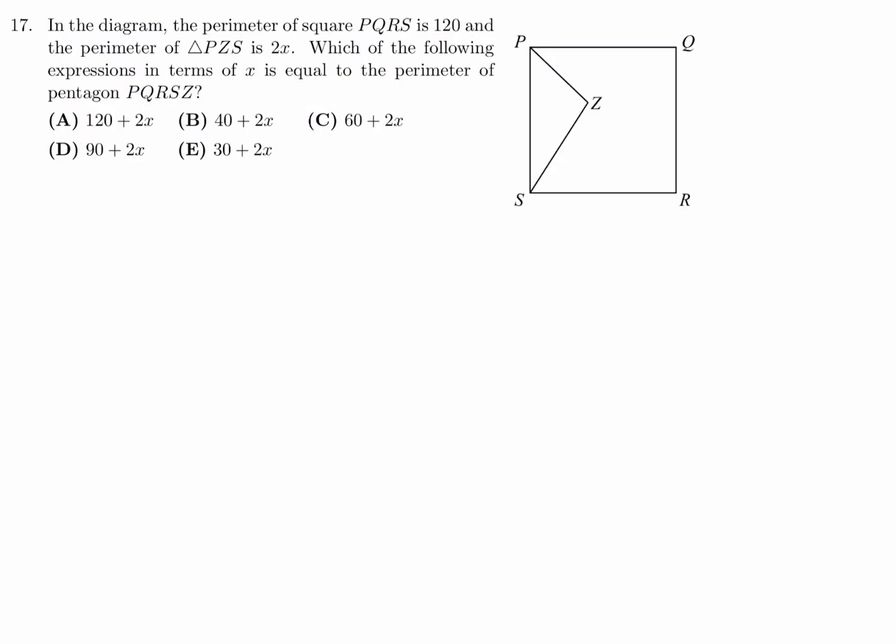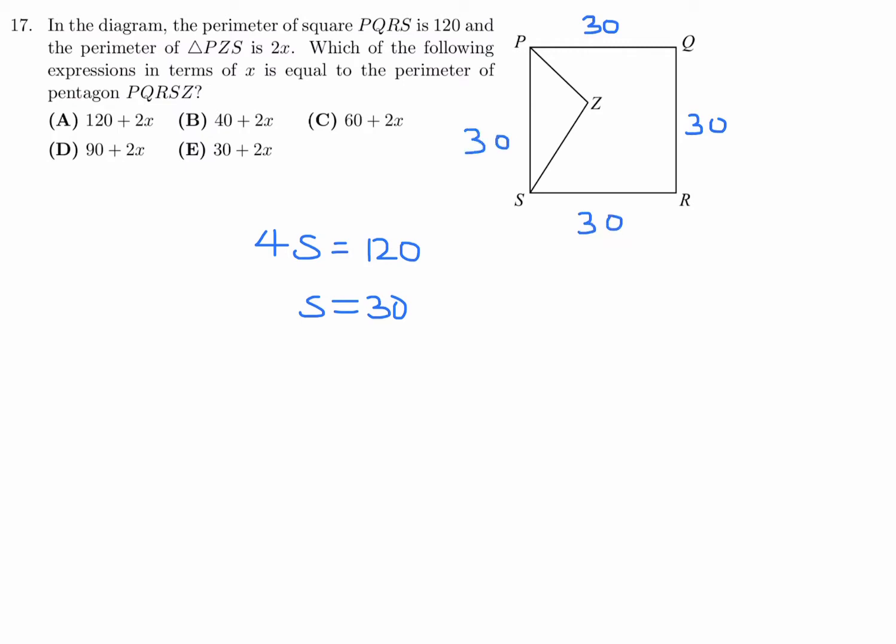In the diagram, the perimeter of the square PQRS is 120, and the perimeter of PZS is 2x. Which of the following expressions in terms of x is equal to the perimeter of pentagon PQRSZ? Well, the perimeter of the square is 120, so if each side is s, that means 4s is 120, s is 30. So this is 30, this is 30, and so on.